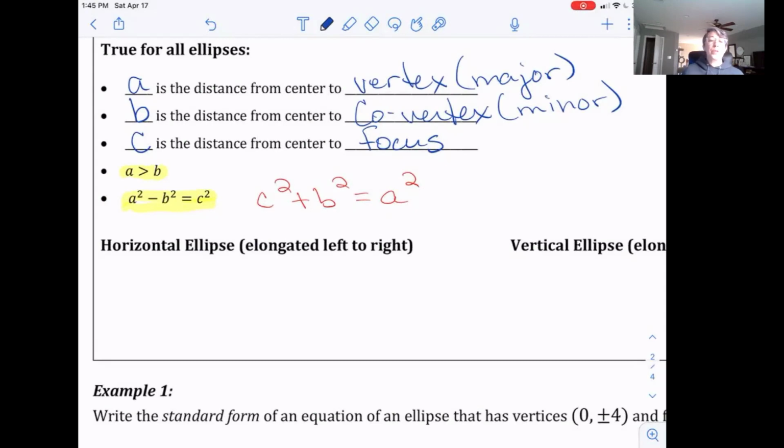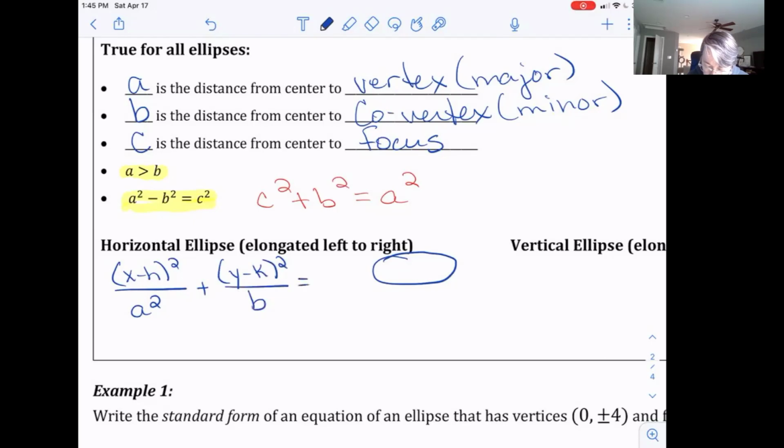So here's the formula for the ellipse, and they're actually going to look very similar. The horizontal ellipse is the one that is elongated left to right. So it's going to have (x minus h) squared over a squared plus (y minus k) squared over b squared equals 1.